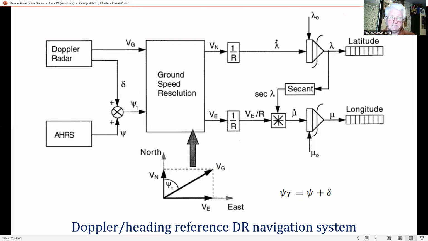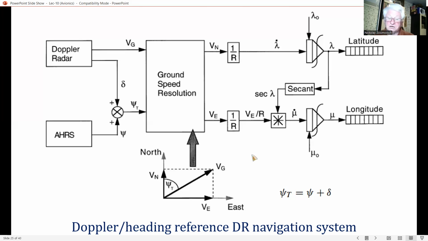The HRS system provides an accurate measurement of the heading angle psi, and hence the track angle psi sub t can be obtained from this simple form.